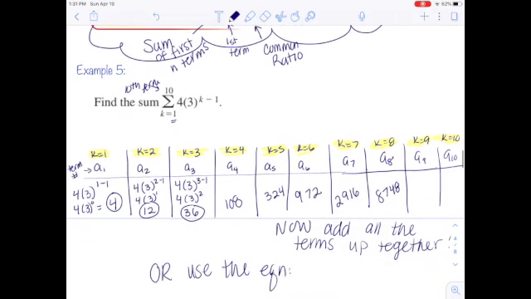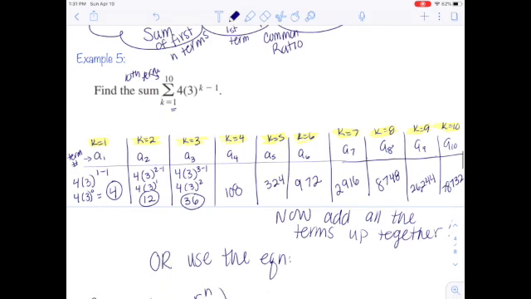Your ninth term would be 26,244. And this is kind of obnoxious. This would be 78,732. And you don't want to be doing this a lot.